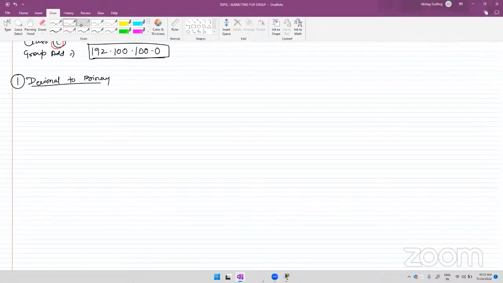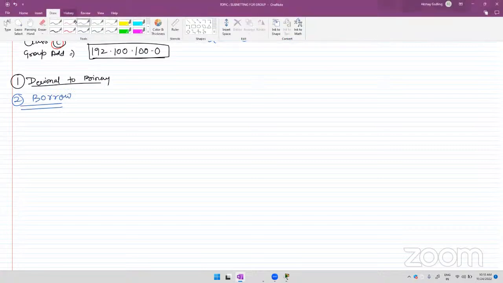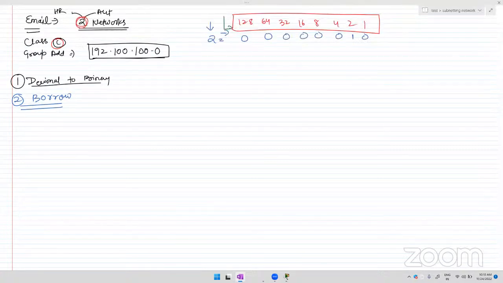Now, one more thing. For 2, convert the decimal value into binary: 0, 0, 0, 0, 0, 0, 1, 0. The second task is borrowing bits. How many bits do we borrow? Verify the first ON bit position number.